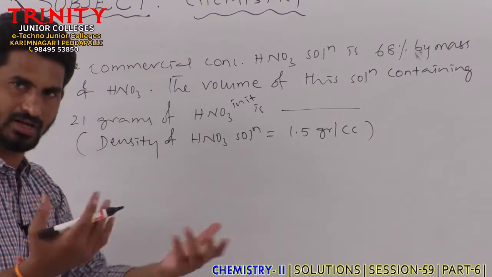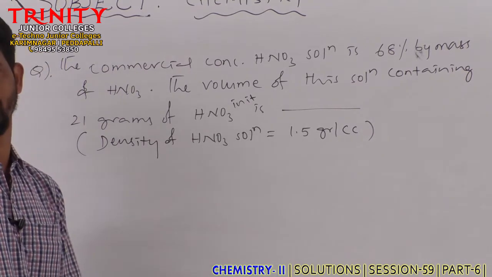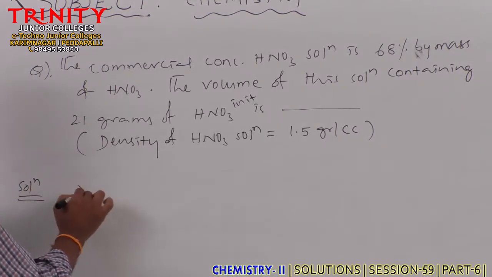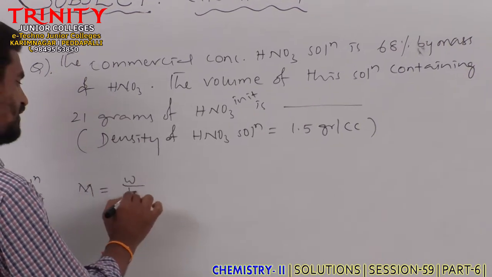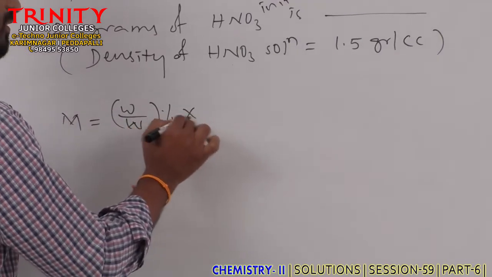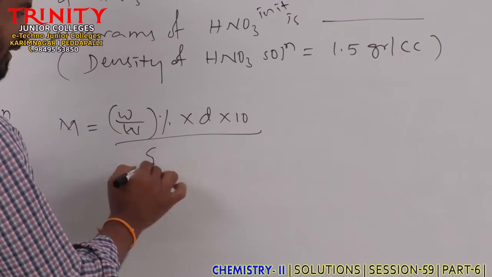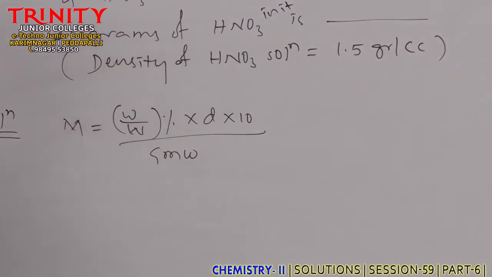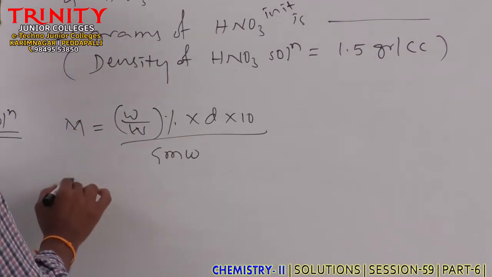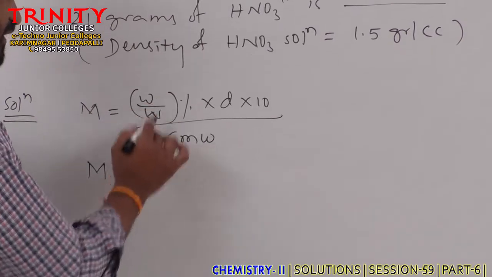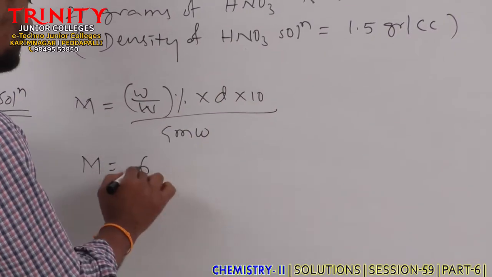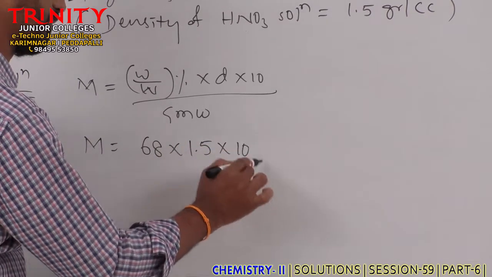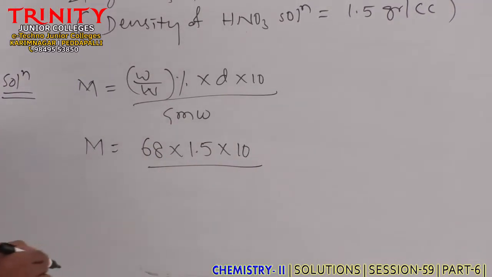First you find the molarity of the solution. Molarity equals weight percentage into density into 10 by gram molecular weight of solute. Clear? So molarity equals 68 into 1.5 into 10 by the molecular weight of HNO3.